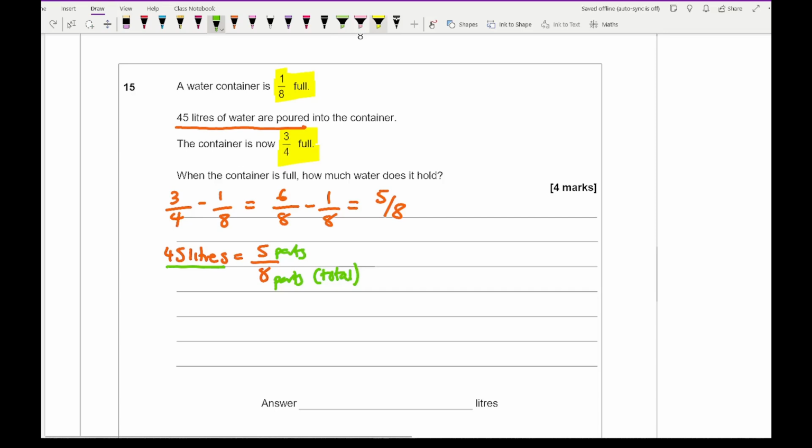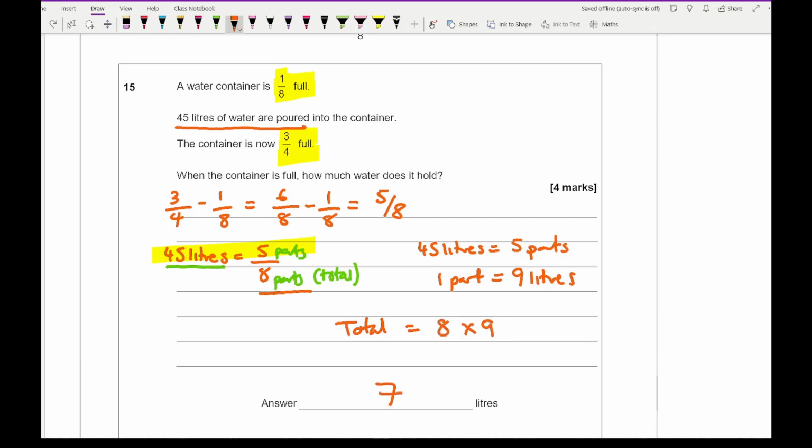So if 45 litres equals 5 parts, then that means that 1 part is going to be 45 divided by 5, which is 9, so 9 litres. And if the total is 8 parts, that means that the total capacity of the container is going to be 8 times 9, which is 72.